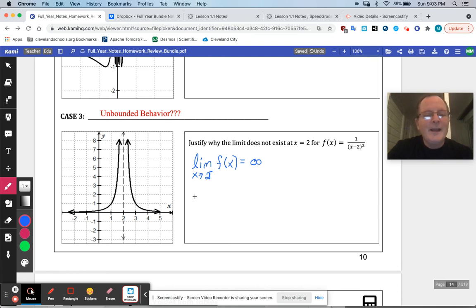And then the limit as x approaches 2 from the right of f of x is also infinity. Anytime I try to go too fast, it just goes crazy.